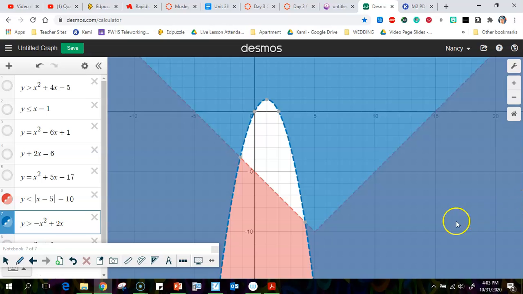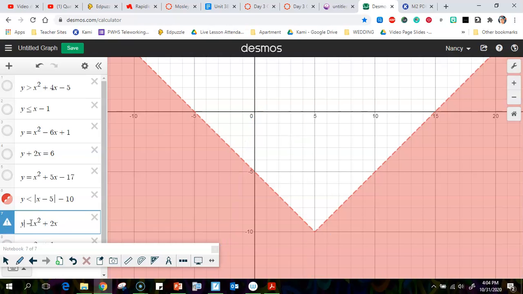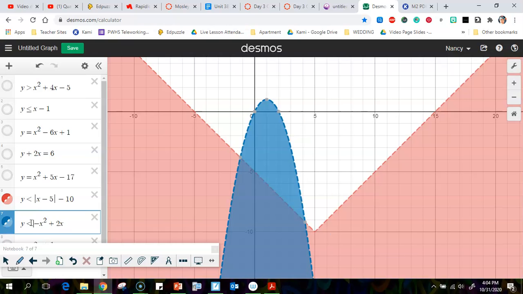Okay, so it's kind of this purple part. What if I change this one also to less than? Well, then you've got this part down here. So it really just depends on whether it's less than or greater than. You're looking for the part where the colors kind of coincide. Okay, so that's systems of inequalities. That's what that looks like.